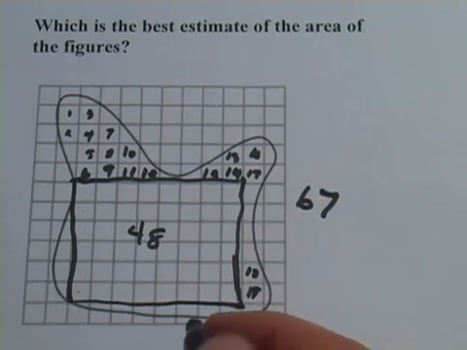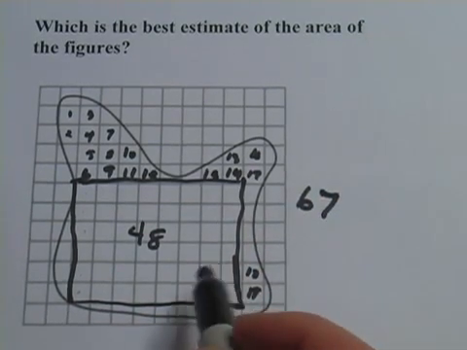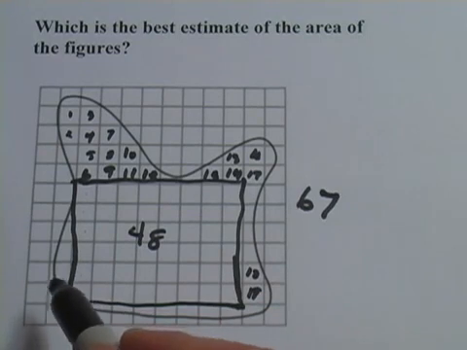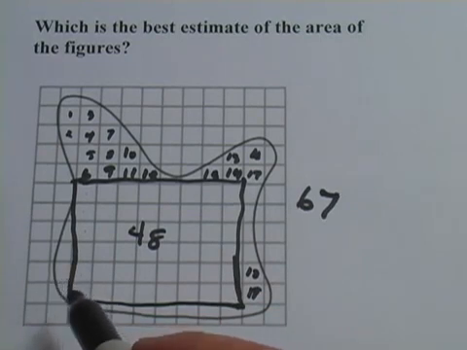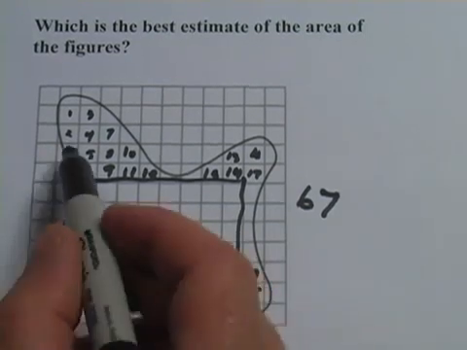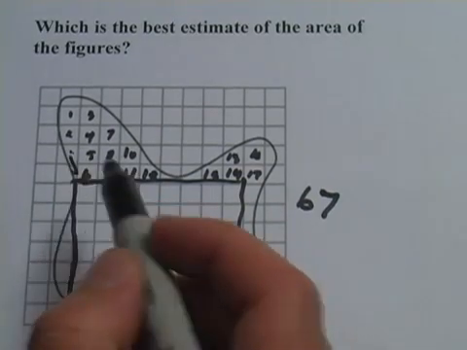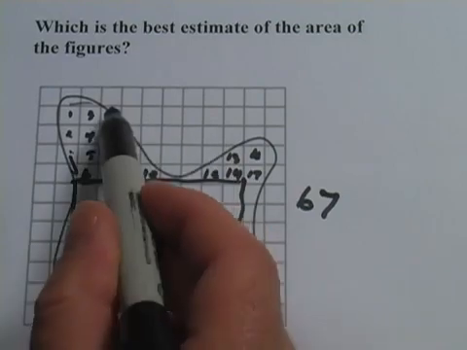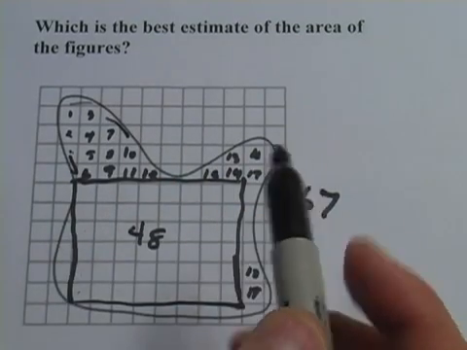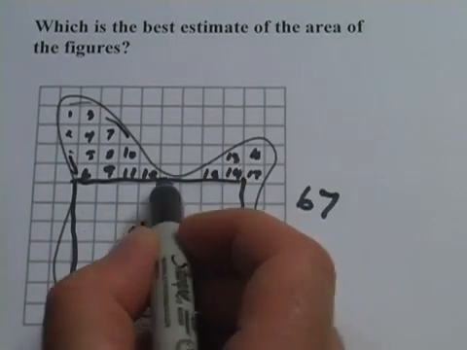Okay, so I'm getting there. Now I'm just going to go through and try to count the ones that are partially there and make an estimate about what they add up to. So these two might make a whole one. So there's 1, 2, 3, these are pretty small.